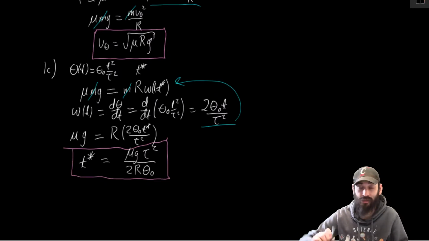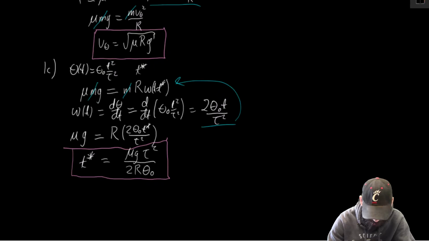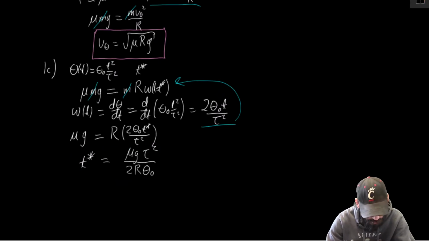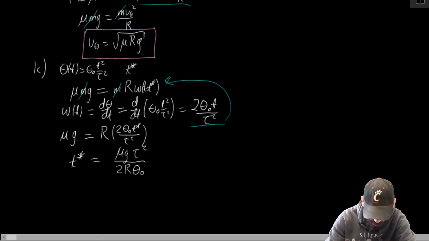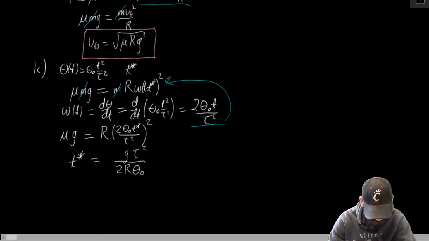Okay, so I realized when I was looking at this answer right here, I missed a square when I was doing the dimensional analysis. So really, this right here is omega squared. So that's omega squared, so this is going to be squared. This is going to change our answer here.